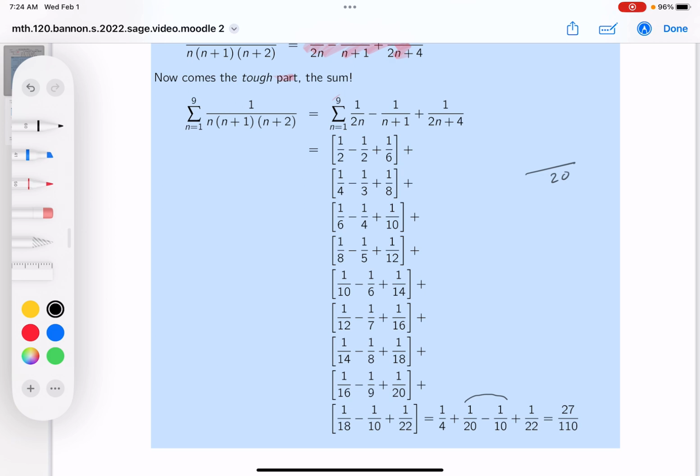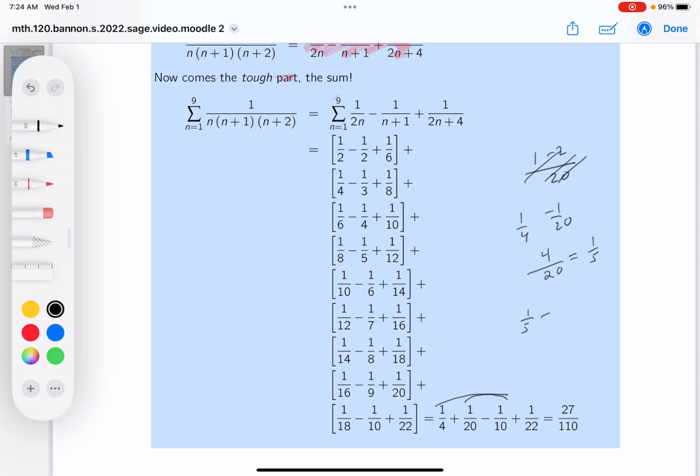You get 1 minus 2, which gives you minus 1/20. Let me cross that out. I'm going to add a quarter to that. Common denominator would be 20 again, and you'd get 5 minus 1, which is 4. That's 1/5.